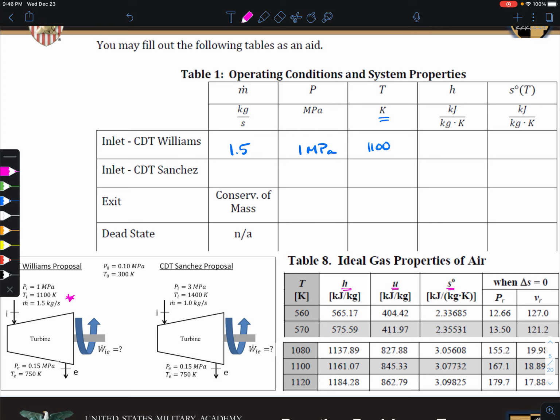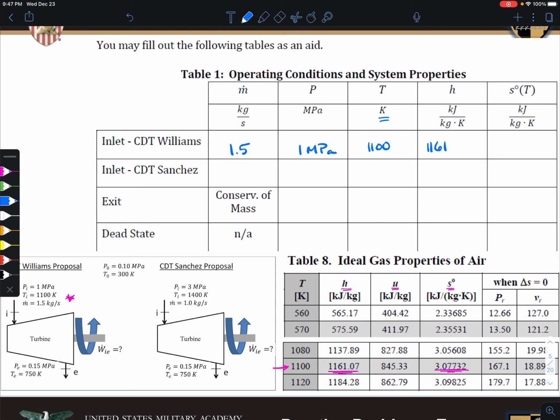So let's jump down here, and what I wanted to show you was that for 1100 Kelvin, we can swing over here and get our enthalpy and our degrees entropy from this single table.